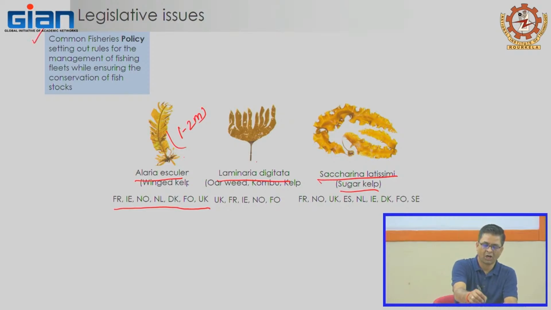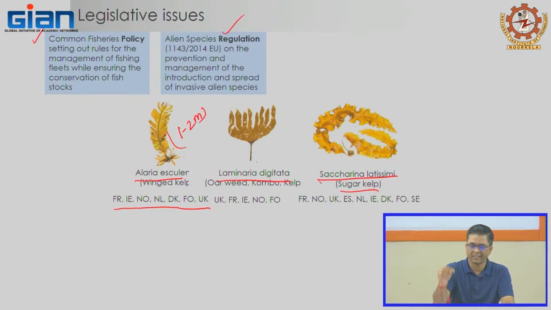One, common fisheries policy. Alien species, that means you cannot take any species from one country and put it into other waters. In agriculture, a lot of the biomass we have in a country, weeds, are not native to India. They just came in with people, either imported or by chance.